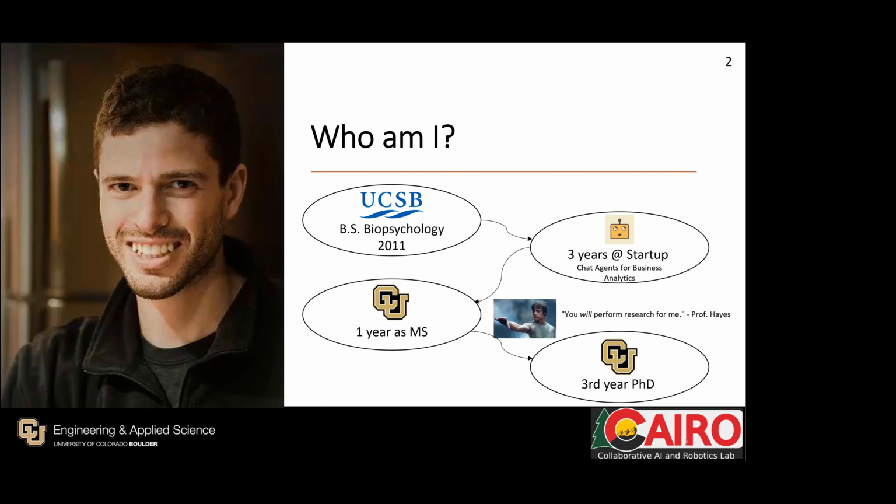After that petered out into just doing contracting work, I started a master's at CU, and after some use of the force, Professor Bradley Hayes convinced me to switch into the PhD program as the seminal student of CAIRO Lab. So I'm technically in my 3rd year of my PhD, although it feels like the 4th year.